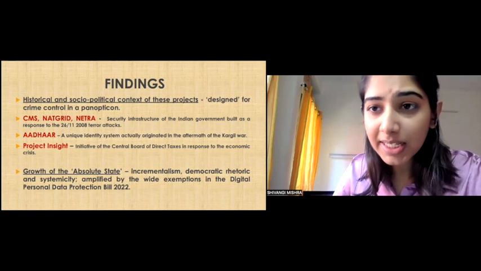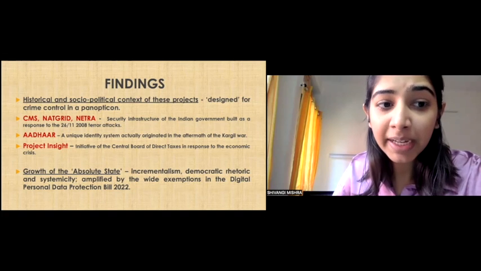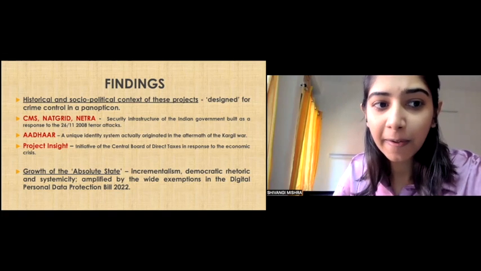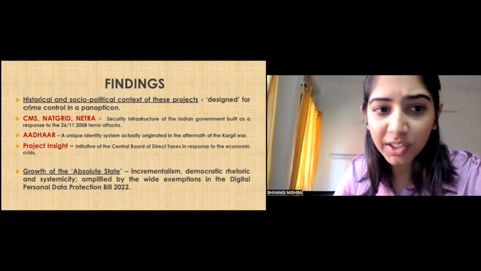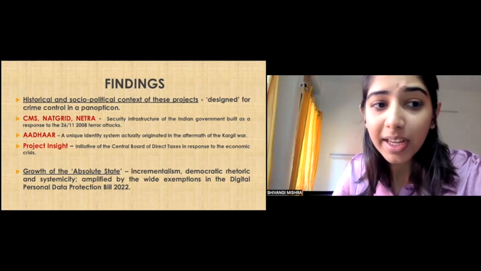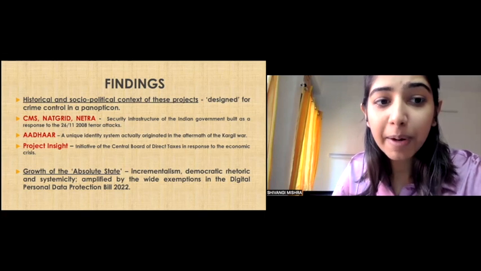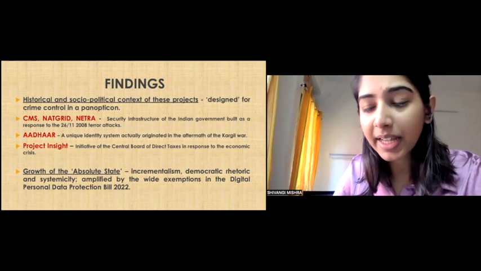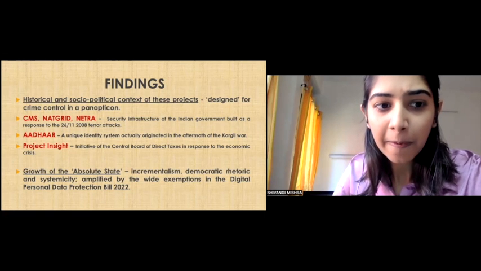This often results in undermining or even destroying democracy on the grounds of defending it. And the recurring emphasis on national security and state interests is to demonstrate the prevalence of the democratic rhetoric behind the aggrandizement and the design of the absolute state.